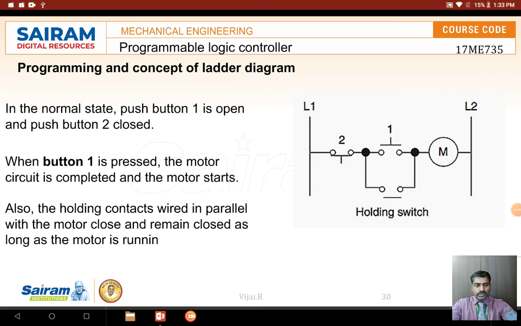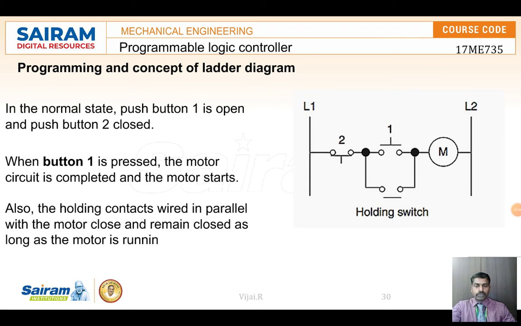So when normal push button 1 is pushed, the motor is connected through the holding switch, and through the holding switch connection the supply keeps going. The button is pressed and released, but the motor starts and keeps rotating due to the holding switch.